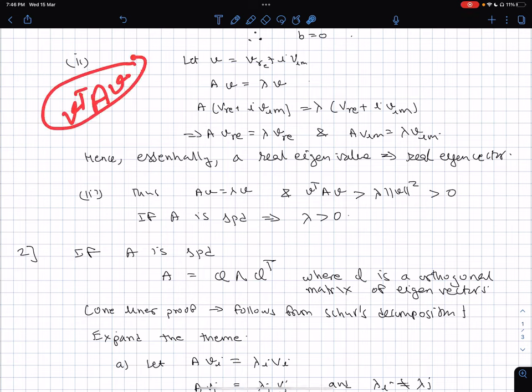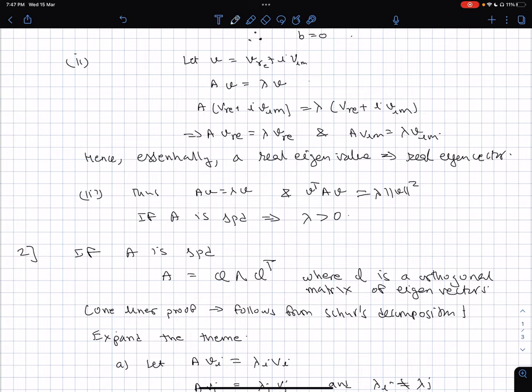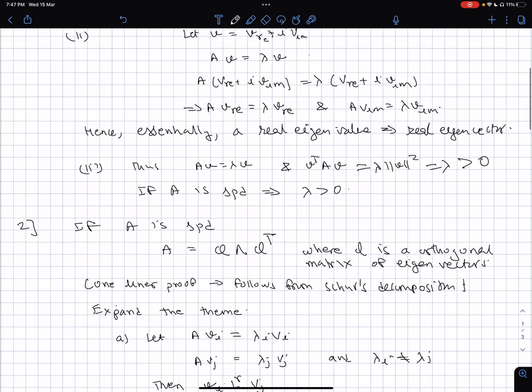This becomes equal to lambda V transpose V, which is lambda times the square of the length of the V vector, which is unity. Therefore this is equal to lambda, but because my A is positive definite, this has to be greater than 0, so lambda is greater than 0. So if A is SPD, the eigenvalues have to be always greater than 0.